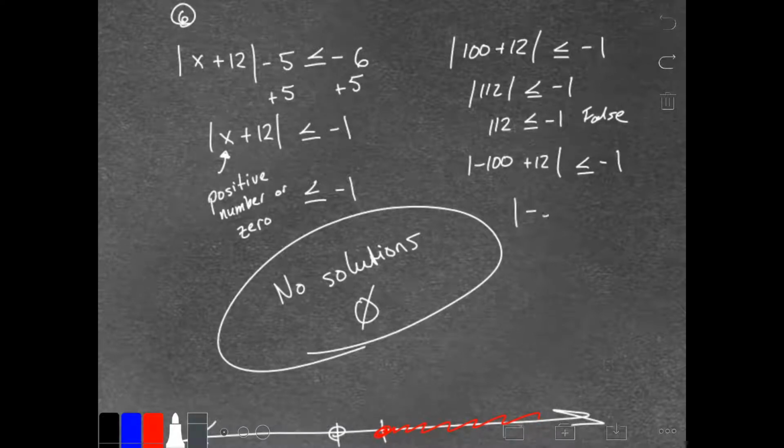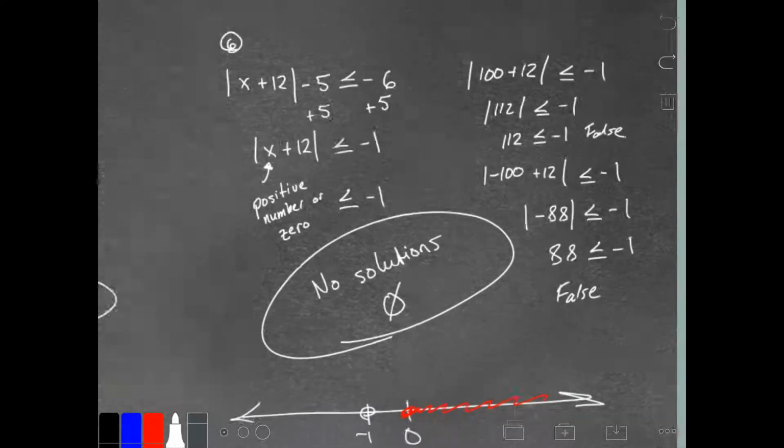When I do that, I get negative 88 less than or equal to negative 1. When I take the absolute value, I get 88. Is 88 less than or equal to negative 1? No, that is false. So no matter what I substitute in for x, I'm going to get a false statement. There's nothing I can do that's going to work. We're going to say there are no solutions.